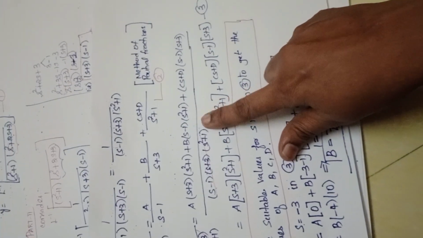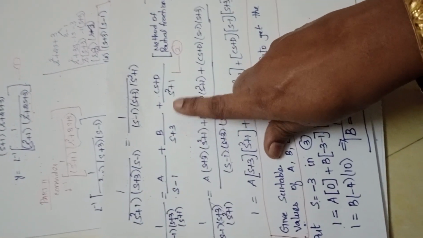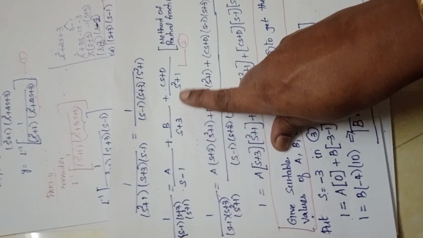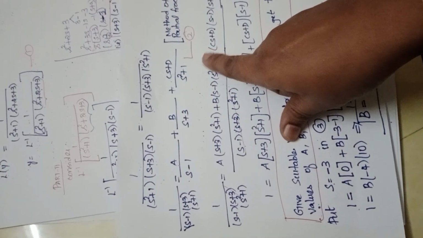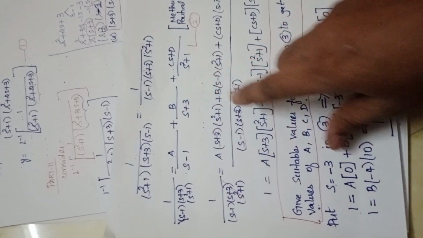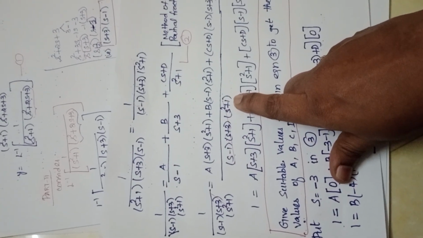Right hand side we have to simplify. So how are we going to simplify? S minus 1, s plus 3, s square plus 1 are taken for the LCM. All three are different terms, so the LCM is going to be the product of the different terms: s minus 1 into s plus 3 into s square plus 1.